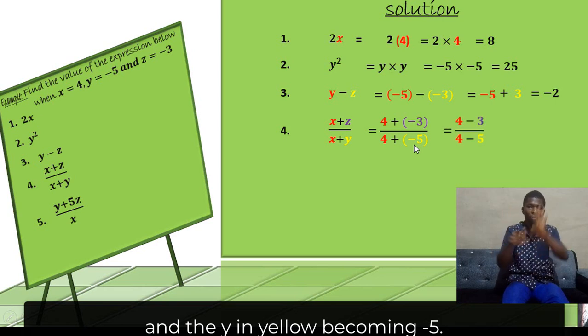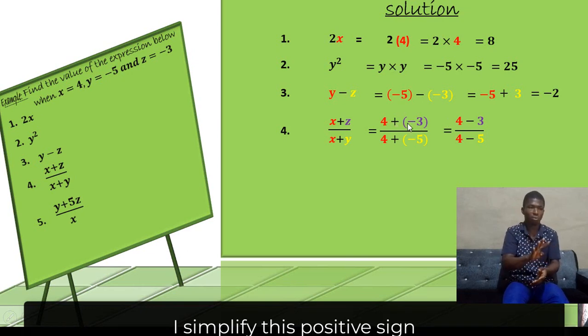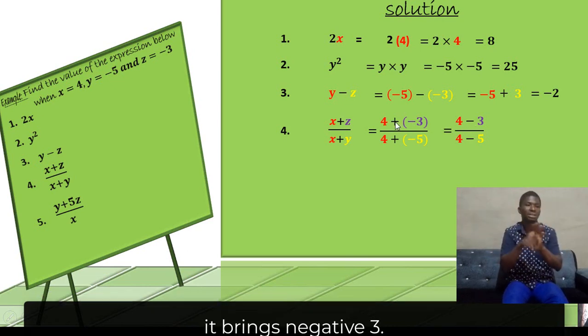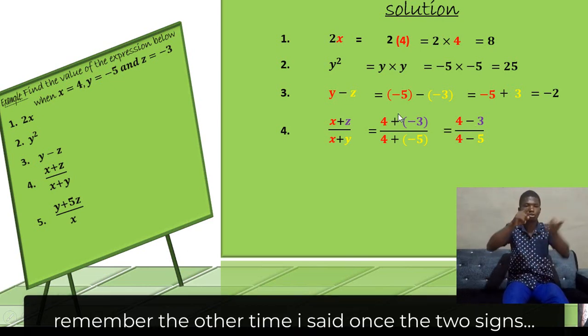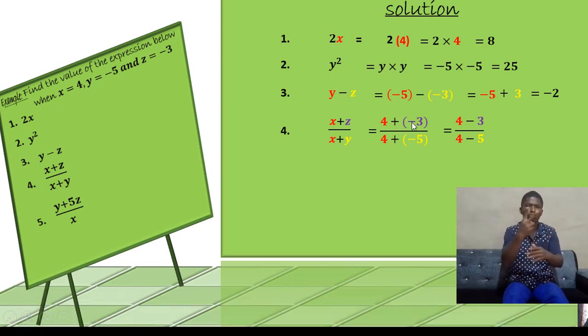So, we have this. So, you see, this is 4, this is 4. I simplify this positive with 3, this positive sign, so this is negative 3, and it brings negative 3. Remember, the other time I said that once the two signs are not the same thing, this is positive simplifying negative there.